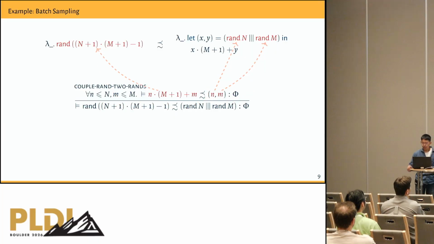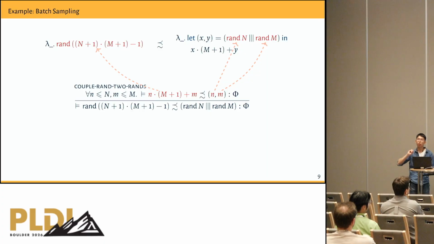And under a coupling reasoning principle, it suffices to prove that if the two threads on the right sample some arbitrary n and m, you can assume that the left-hand side samples exactly small n times big M plus 1 plus small m.